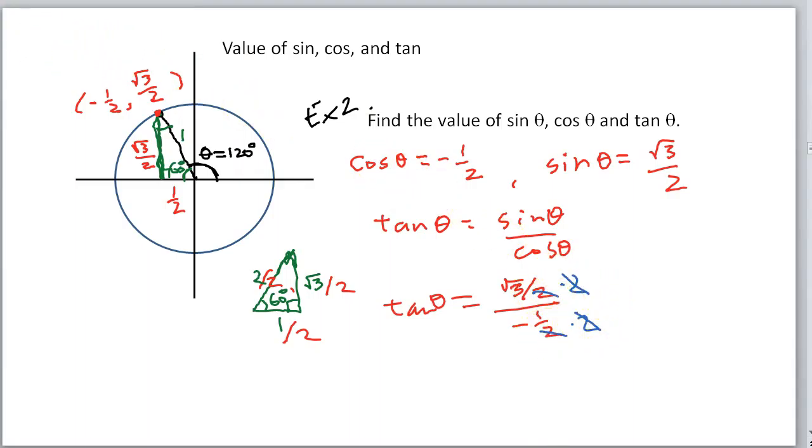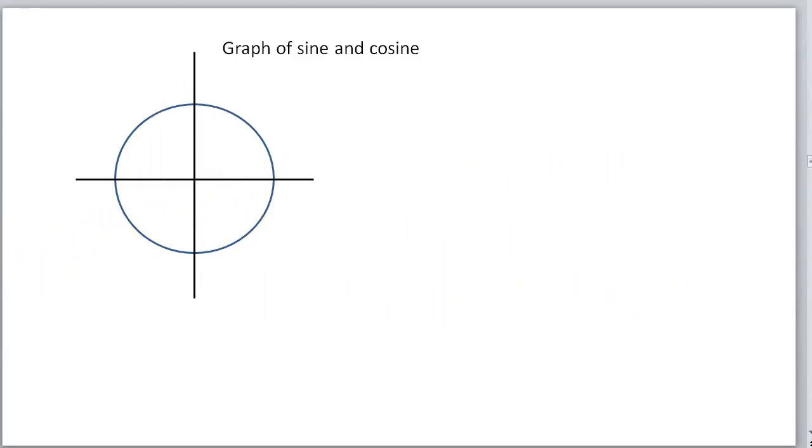And then after the cancellation you get negative square root of 3 as the value of the tangent function. Okay, hopefully we'll have some chance to do more of these examples, but what I want to try now is to actually draw the graph of sine and cosine using the unit circle.